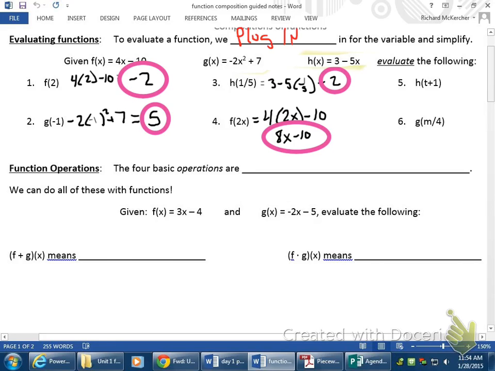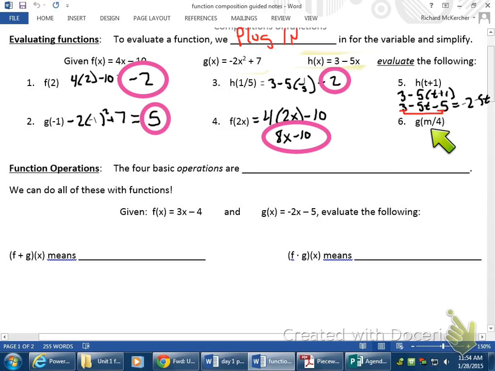On number 5, I'm going to use the function h, and I'm going to substitute in that binomial. When I do that, of course, now I do have some more simplifying I can do. I've got some distributive property. And then combine like terms. And you end up with negative 2 minus 5t. Of course, you could put negative 5t minus 2.